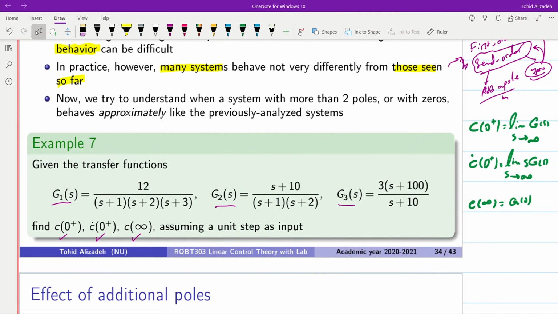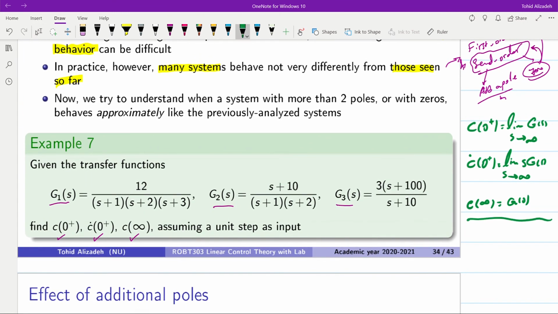For g1, c at 0 plus is equal to limit of g as s goes towards infinity, and we can see that it will be equal to 0. Because we have 3 poles, there are no zeros. As s goes towards infinity, it will give us 0.